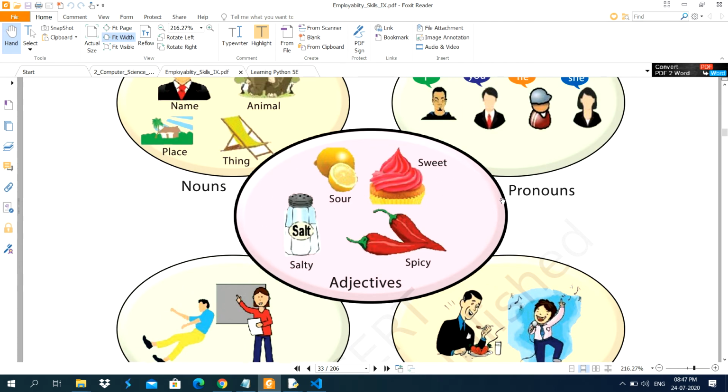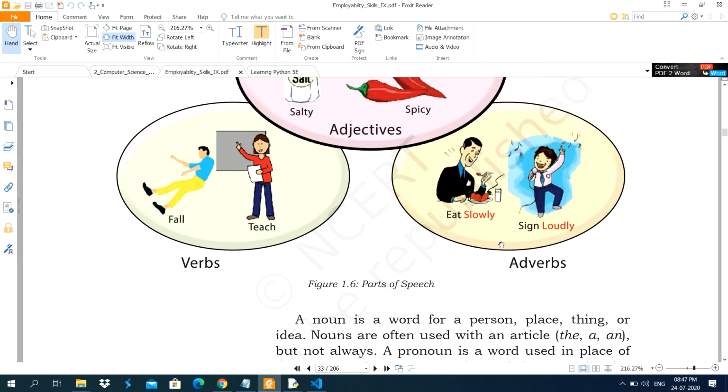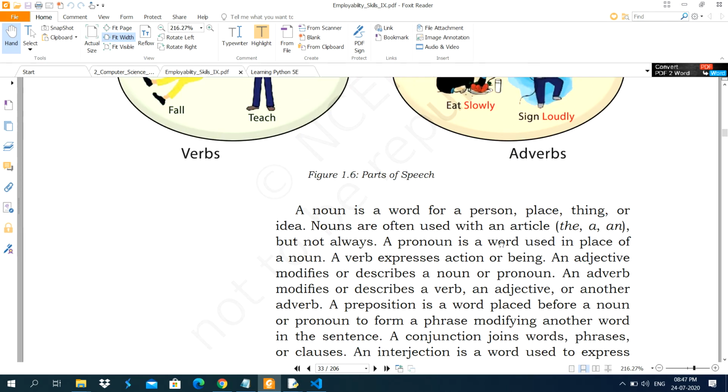An adjective describes a noun or pronoun. Here you see salty, sour, sweet, spicy. And a verb shows the action done by a noun or a pronoun: fall, teach. And an adverb is an additional verb and additional adjective.